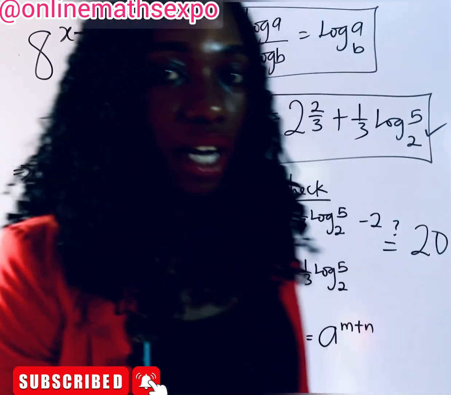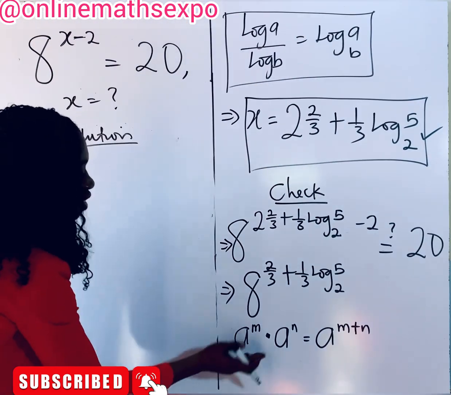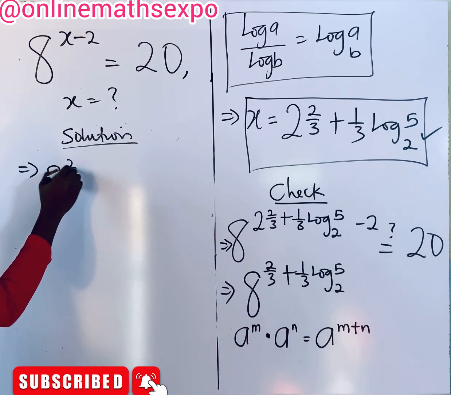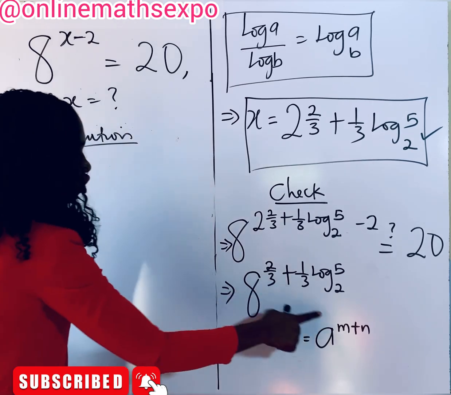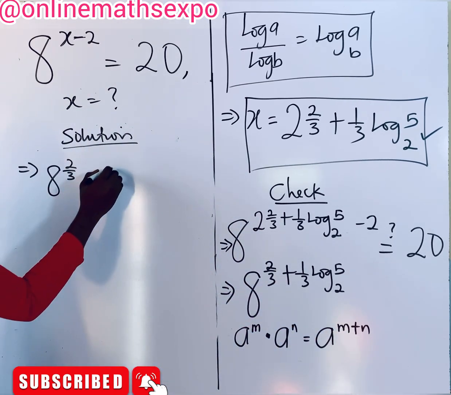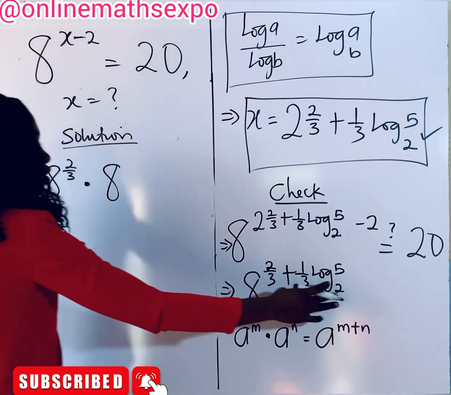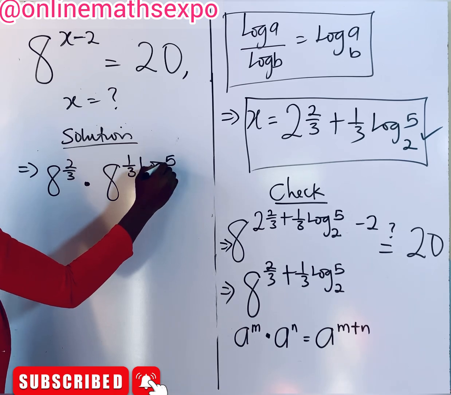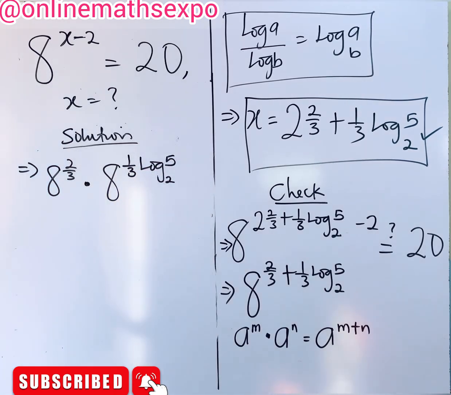So to do it, obeying this now, from here, we now have 8 to the power of 2 third. This addition sign at the power, we turn it to multiplication. Did you see what we're doing? Then repeat 8, raise it to this power of 1 third of log of 5 base 2. Interesting. Now, for this, we are going to simplify it.